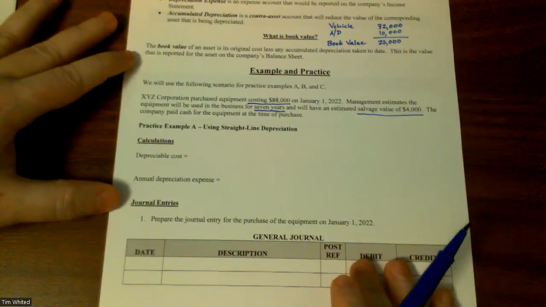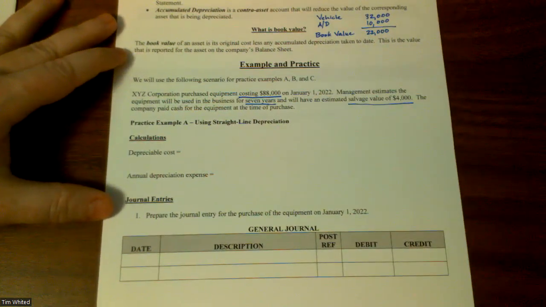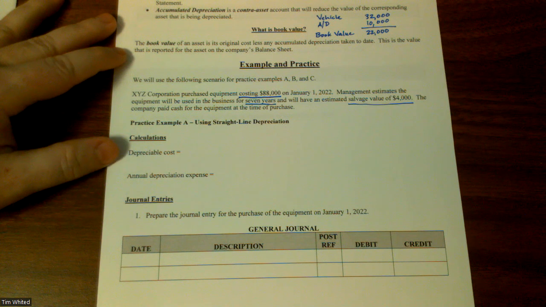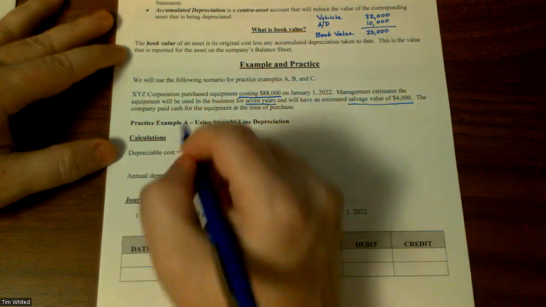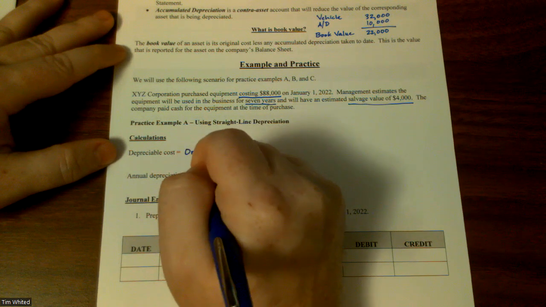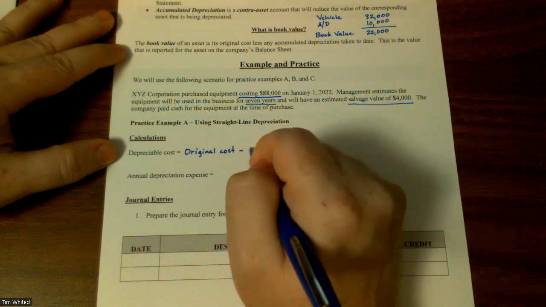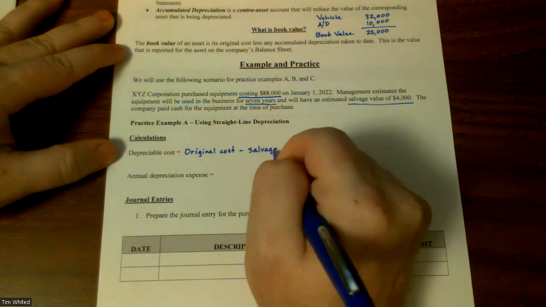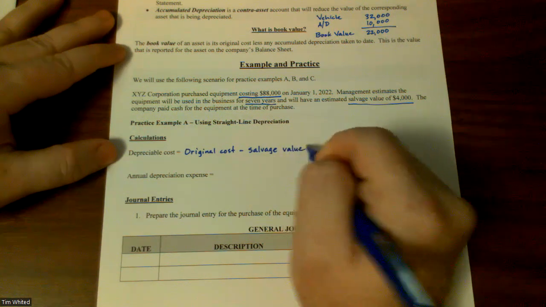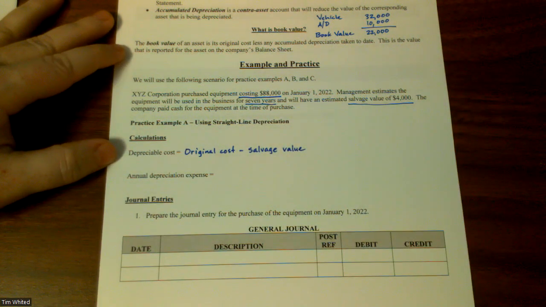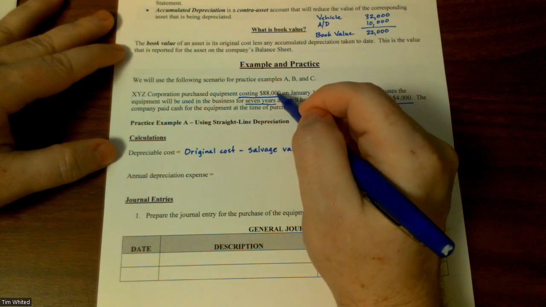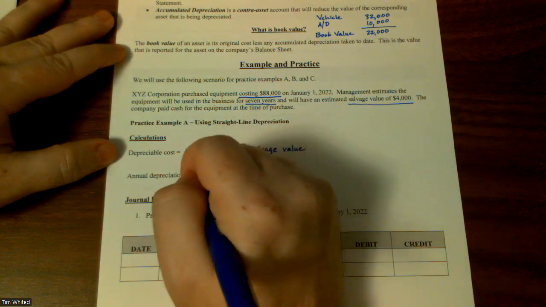So we need to do some calculations. The first calculation is we're going to calculate something called depreciable cost. Now, depreciable cost is going to be the original cost minus salvage value. So in this particular instance, we know the asset cost $88,000.